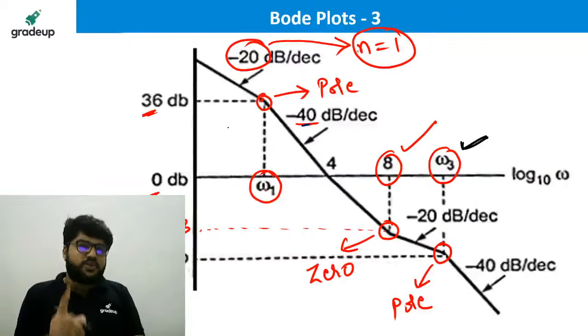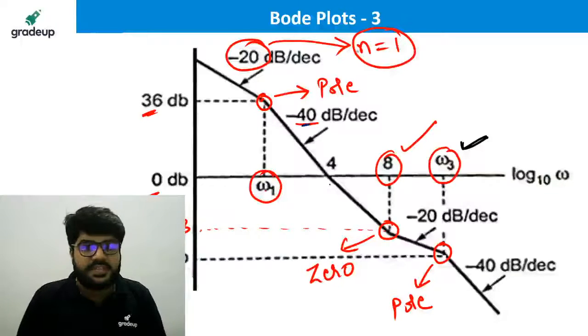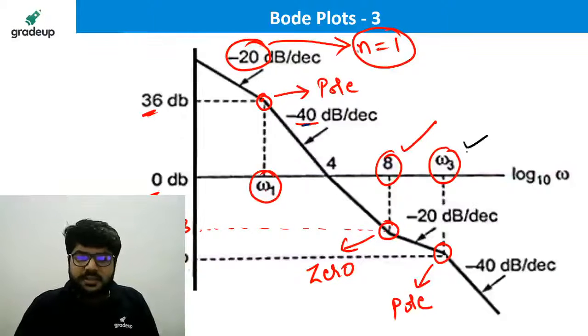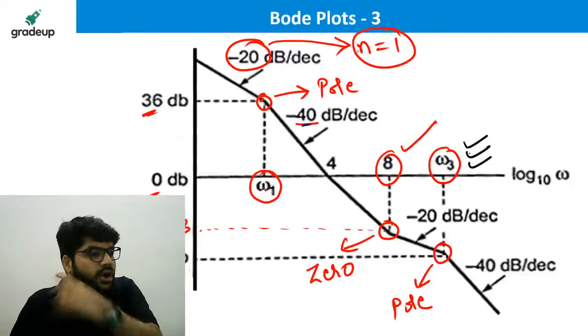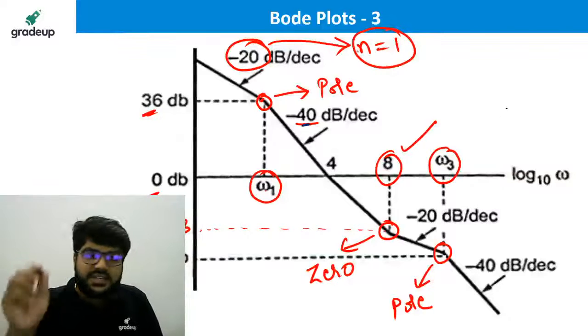The Bode plot is totally an approximate plot where at every corner frequency we keep on doing approximation. So there is no guarantee that it is going to match the exact answer.